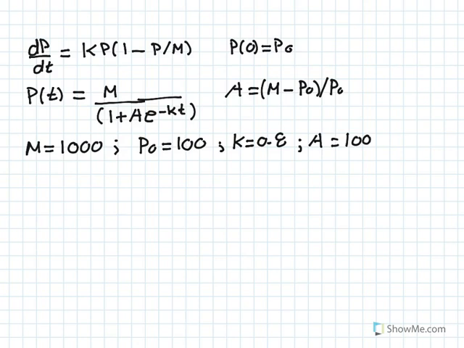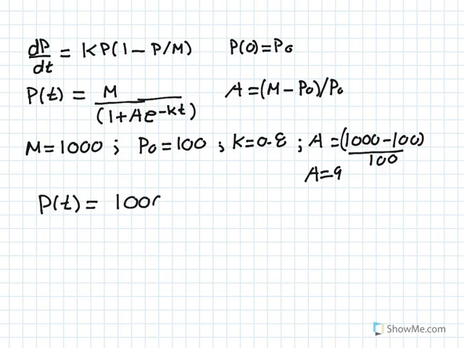So we get 1,000 minus 100 divided by 100, and that comes out to A equals 9. So let's substitute these quantities in and get an explicit function for population as a function of time. P of t is equal to 1,000, that's M, divided by 1 plus A, which we found to be 9, e to the minus kt, and k is 0.8, so minus 0.8t.